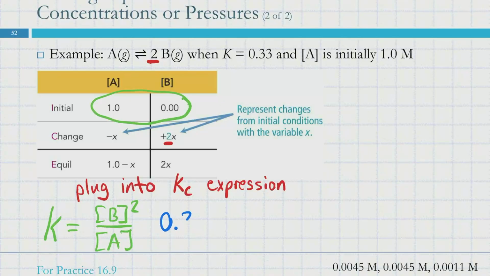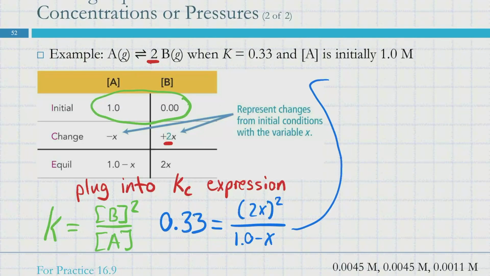We're going to plug in values for each of these. So we'll have on the top 2x, that's squared. And on the bottom, we're going to have 1.0 minus x. So 0.33 equals 4x squared over 1 minus x, and we need to solve for x.